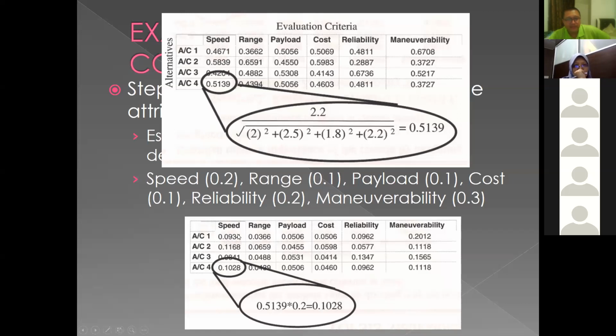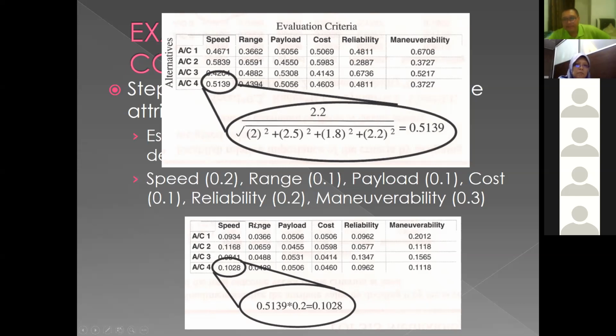And you do it again for the next, and again for the next, and again for the last one here. And this is actually 0.5139. It is here, the same value. You just multiply by the weightage value for that particular column.